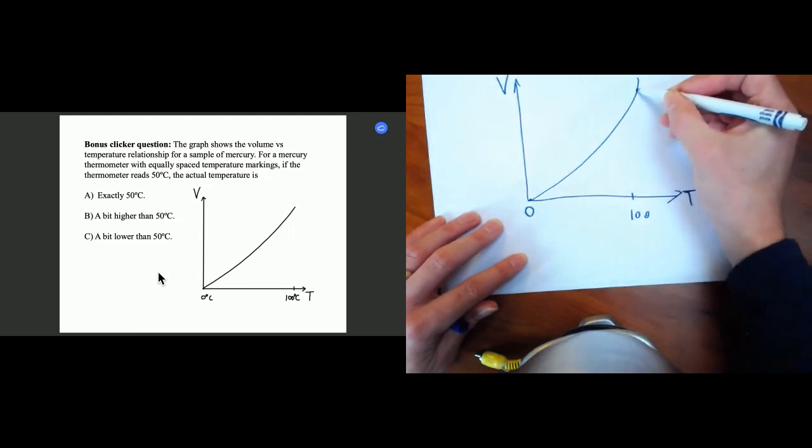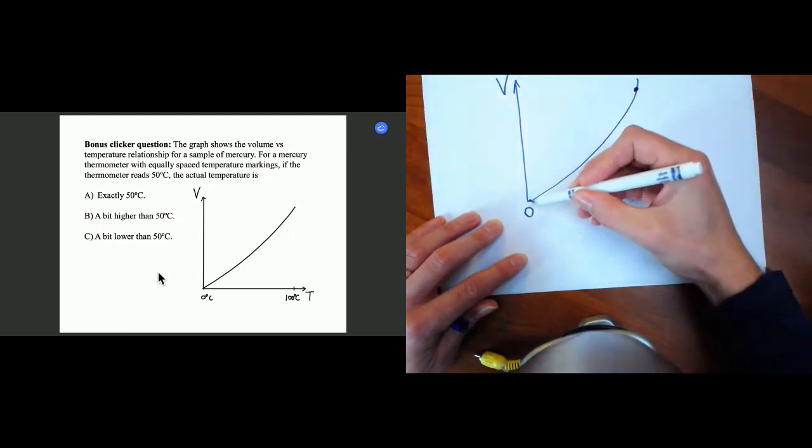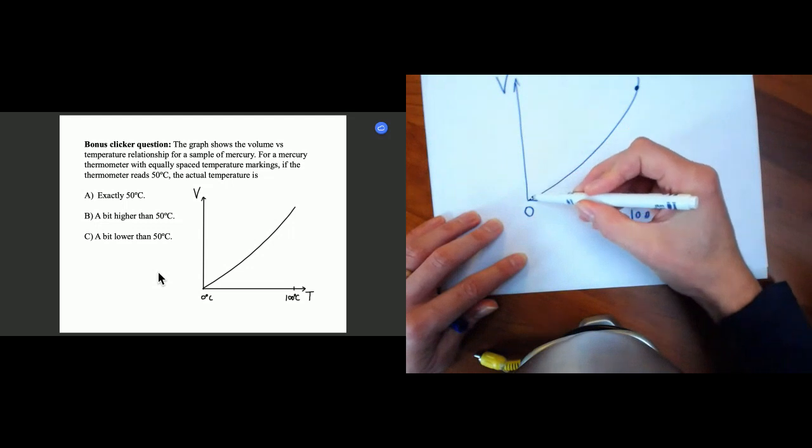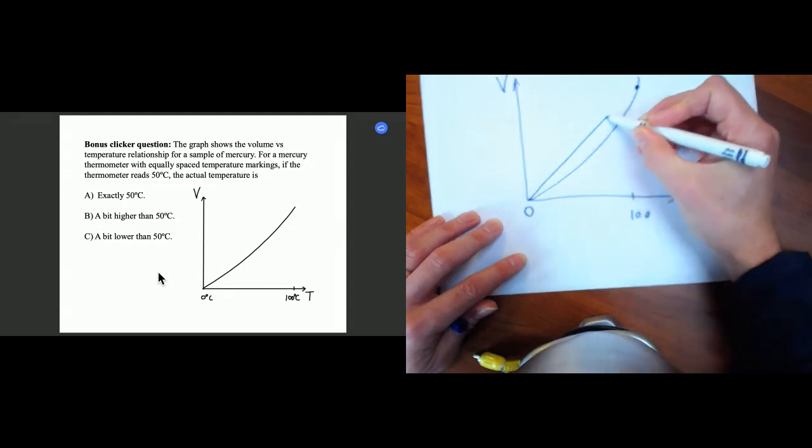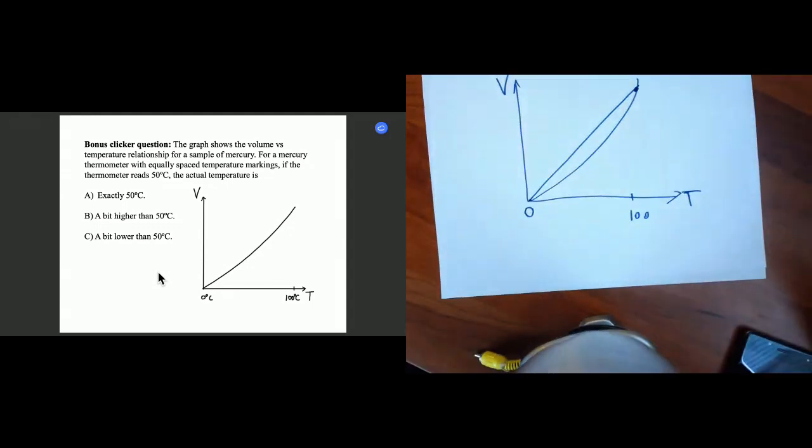Anyways, while I'm doing that, I will just draw a line. So here's 100, here's 0, and basically by placing the marks equally, we've assumed that the expansion of the mercury is linearly increasing with temperature.